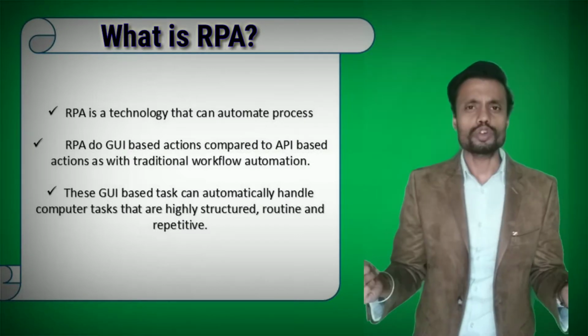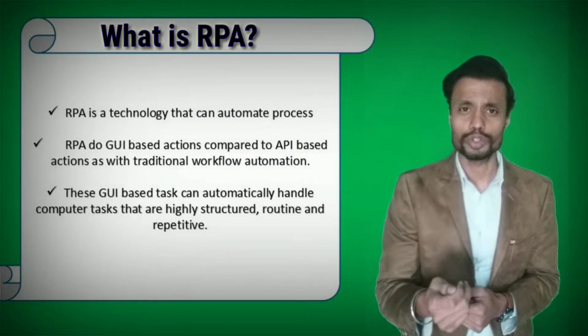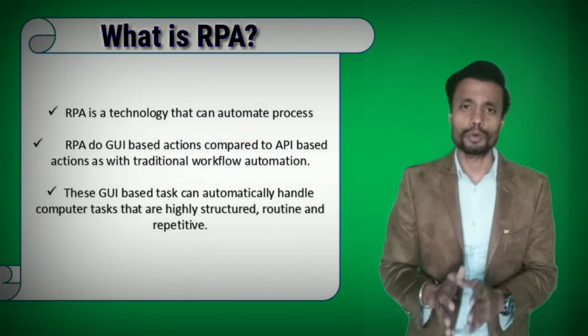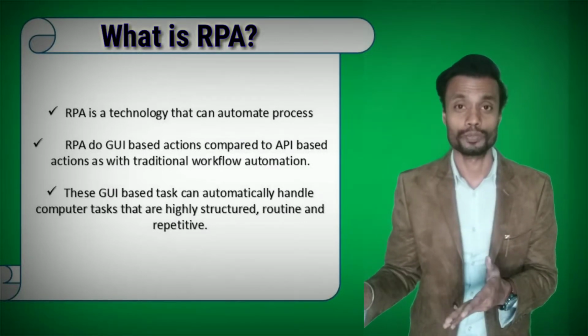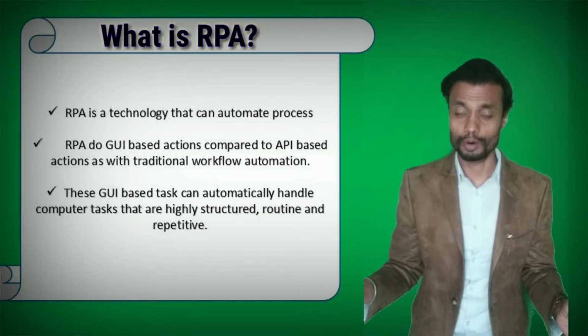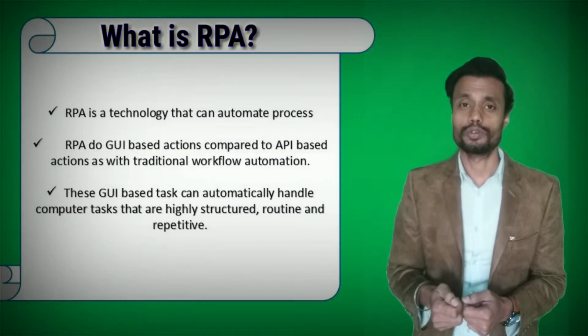When you talk about GUI-based tasks, the GUI-based tasks can handle the automation which are very easy to automate. For example, if the process is very repetitive in nature, and if your process is a high volume, and there are certain routine activity which has to be carried out at certain point of time or at certain interval or period of time, then it becomes a potential candidate for RPA.